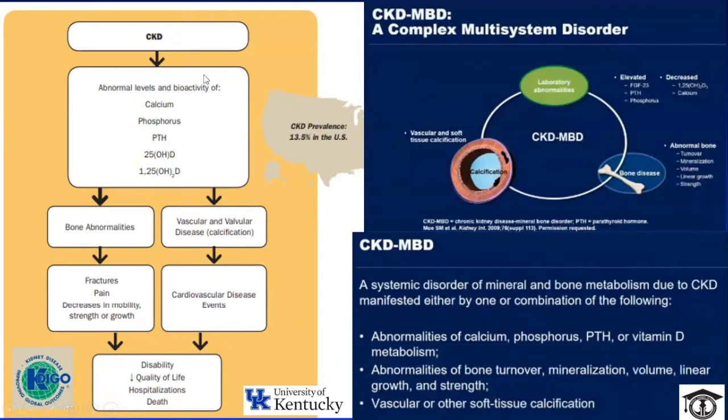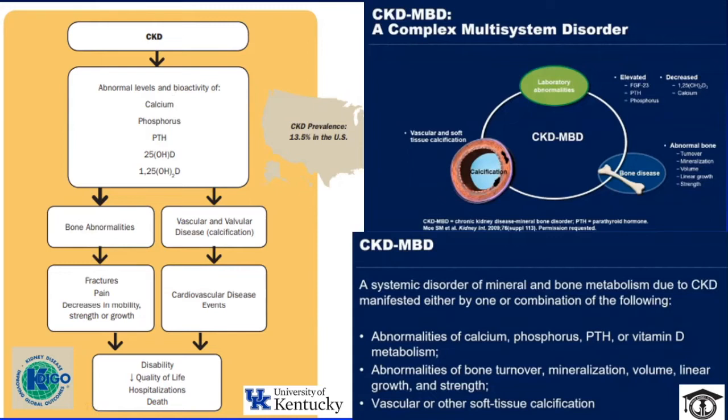So what happens at the beginning is that there are some compensatory changes, some metabolic adaptation. PTH will go up to try to control and avoid hyperphosphatemia, because PTH is a phosphaturic hormone.